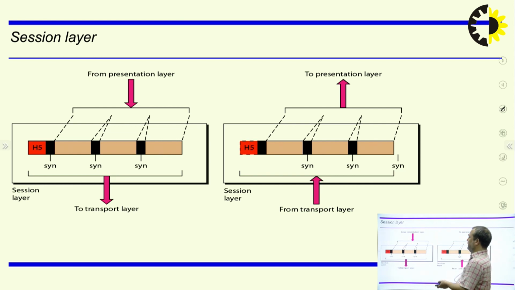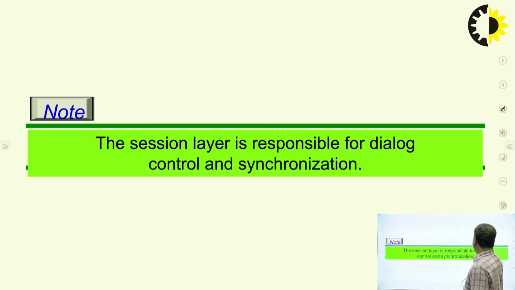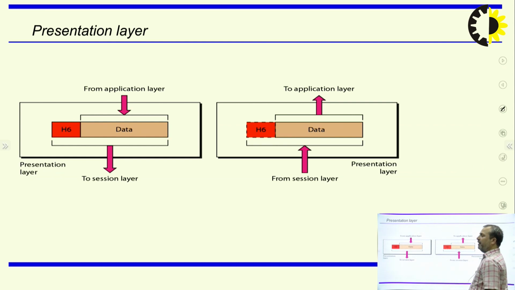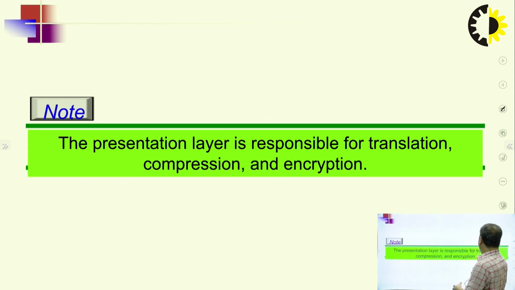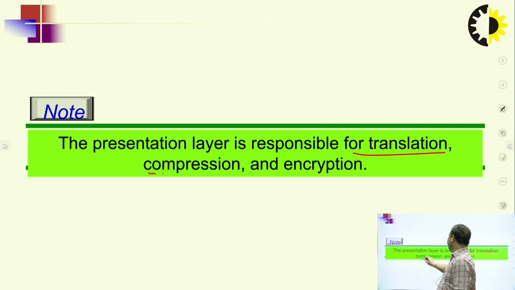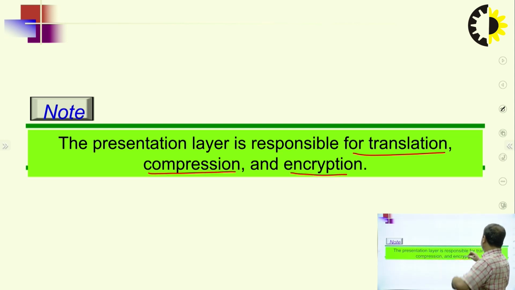The task of the session layer is dialog control and synchronization. The presentation layer is basically responsible for translation, compression, just to reduce size, and encryption. The session, presentation and application layers are combined into one layer in TCP/IP, called the application layer.